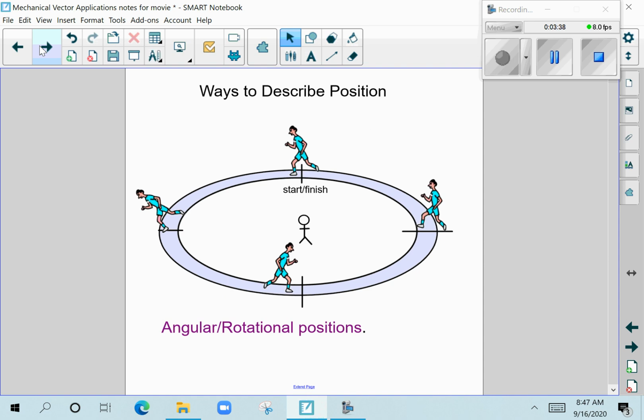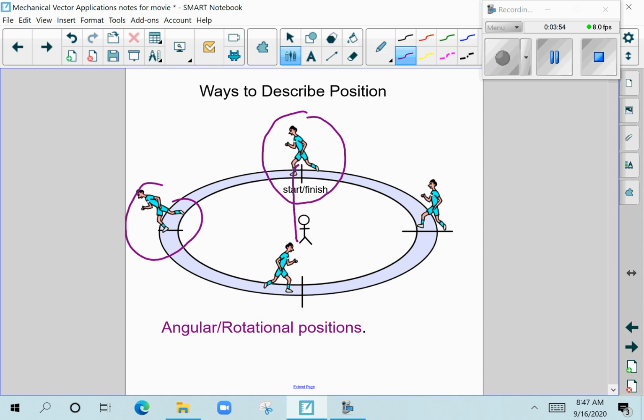However, if I'm looking from the point of view of a person standing in the middle of the track, they see a person standing at, let's say, this top position, and then they end up in this position over here. If I had another person standing up over here running this way, they would not have run the same distance.